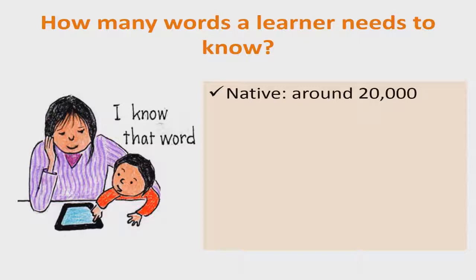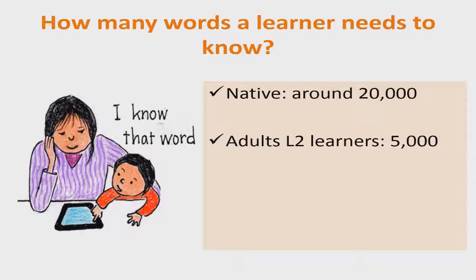It adds approximately 1,000 to 5,000 words a year until 5 years old. In contrast, an adult second language learner will be lucky to acquire 5,000 words after several years of study. It can be argued that the number of words a learner should know depends on the learner's needs.